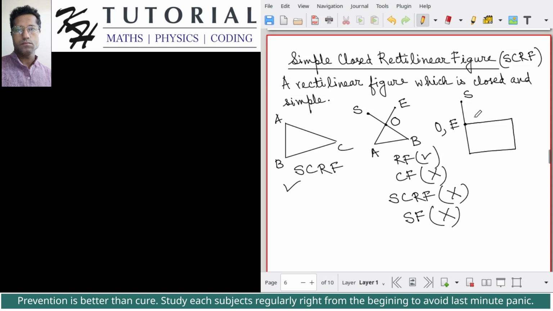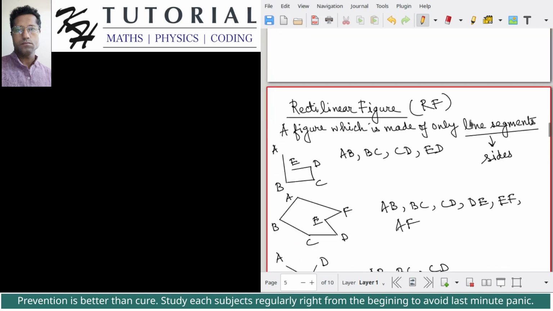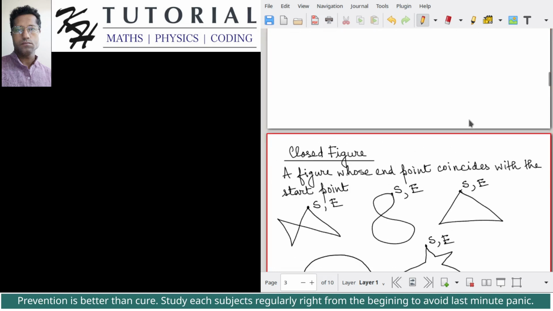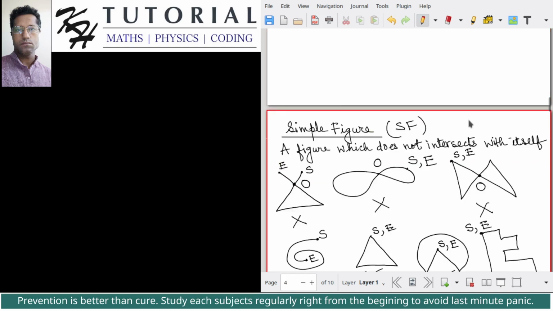Now let me clarify a bit more what exactly is the point of intersection, the point where a figure intersects with itself. Let's go back to where we were discussing simple figures.